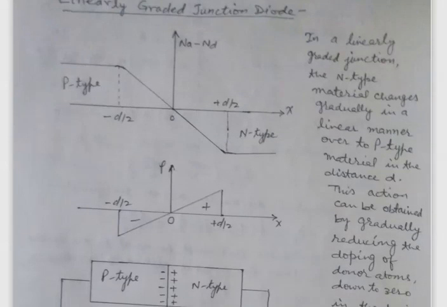The construction of the linearly graded junction diode and its operation is shown by these figures. In this first figure, the difference between the acceptor and the donor atom densities is plotted against the distance across the depletion layer, which is assumed centered at x equal to 0.